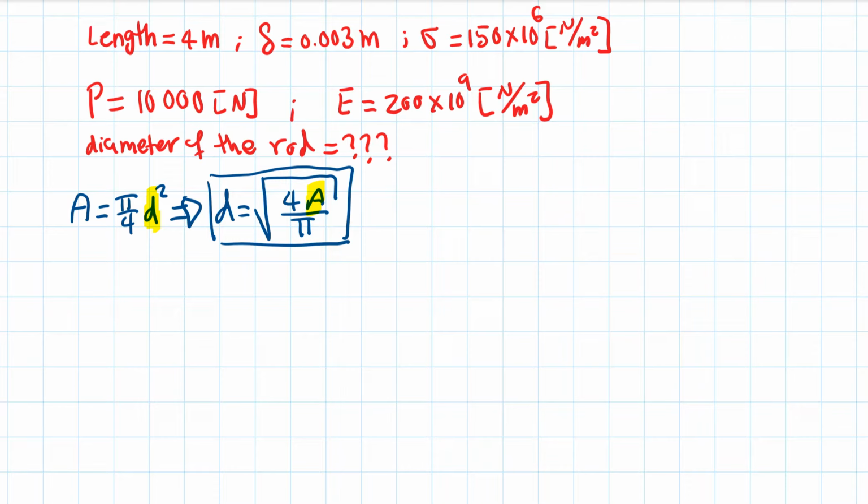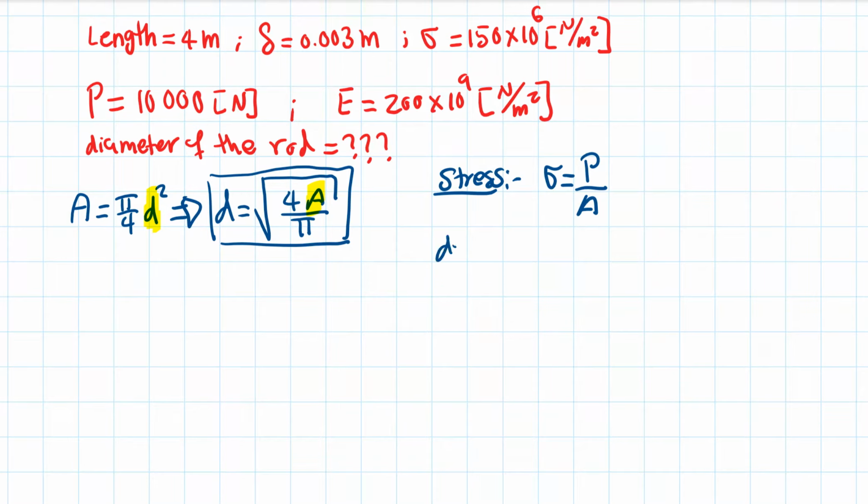area in two different ways. We can use the stress equation or the deformation equation. And both equations we can use because we have the values that we need to find them. So the stress is what? We know that stress is force or applied load divided by area.